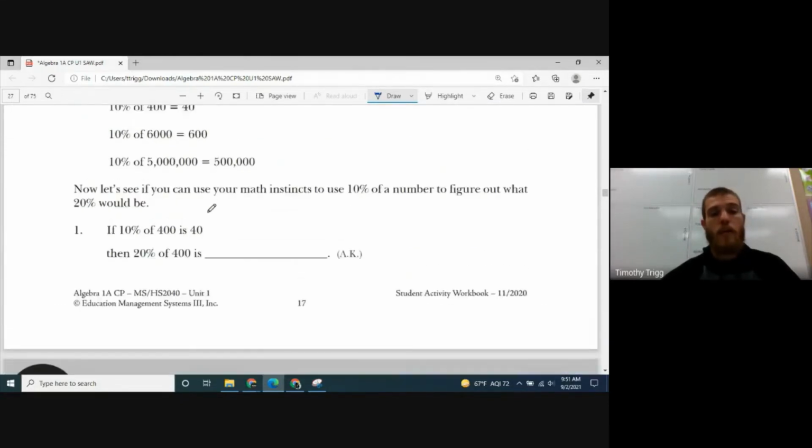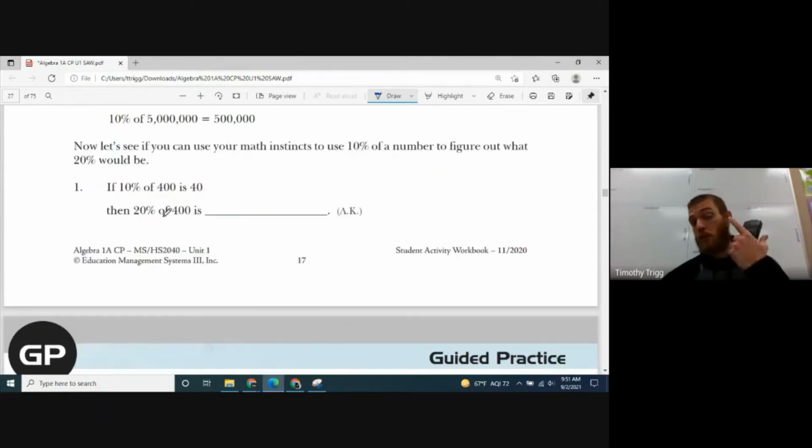Now, there's also a very fast way we can do it as long as we know 10%. 10% is actually a very easy percentage to calculate. If you ever want to find 10% of a number, all you need to do is move the decimal one place. So for example, they give 10% of 400.